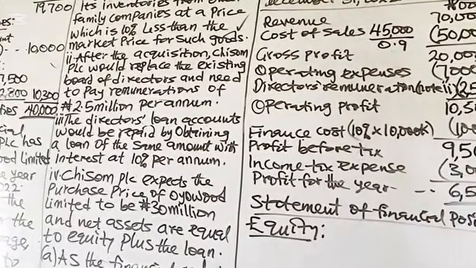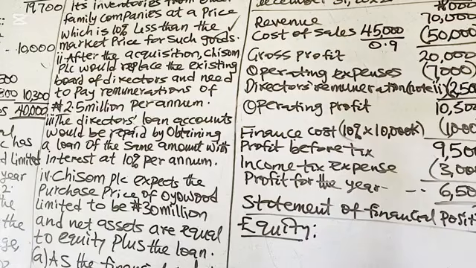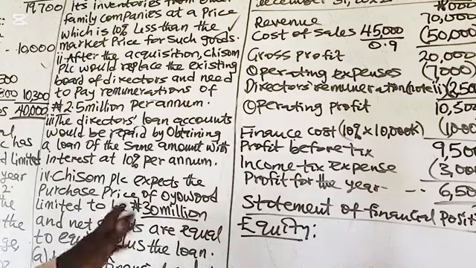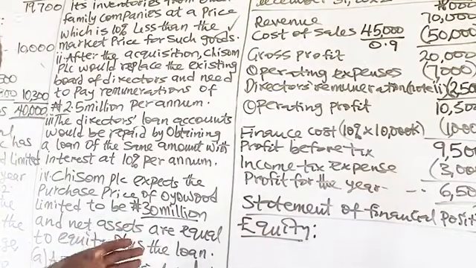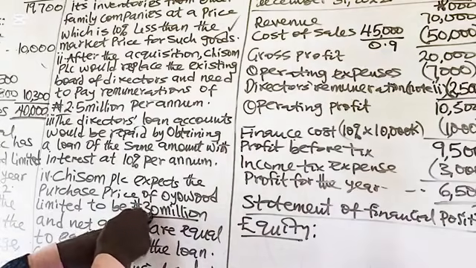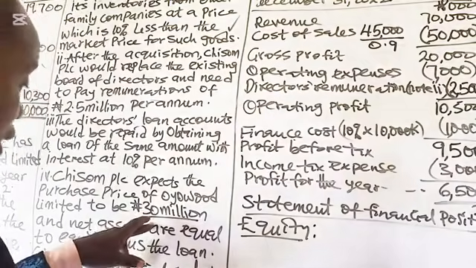You were told in note 4 that Shiston PLC expects the purchase price of Oyowood Limited to be 30 million. Since you don't have information about goodwill, remember, the excess of purchase consideration over net assets is goodwill. The purchase consideration is 30 million and the goodwill is 0.